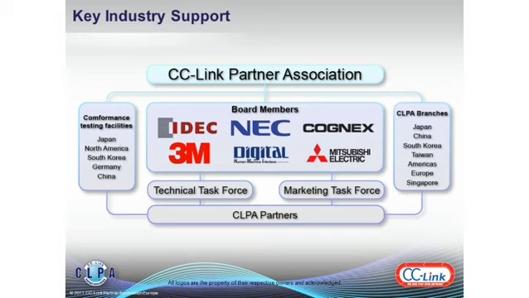And I think the key point to take away from this slide is that these are all well-known global successful corporations, and the fact that they have decided to become involved with the future direction and management of CC-Link shows what level of success it has achieved on the global marketplace.